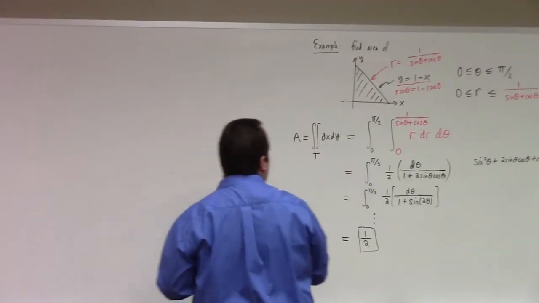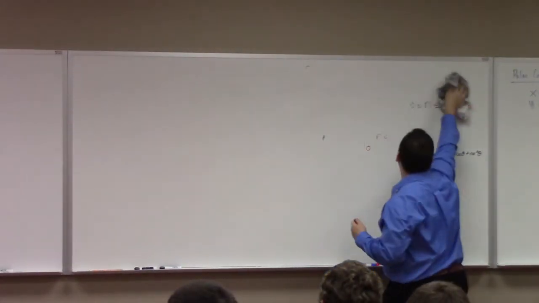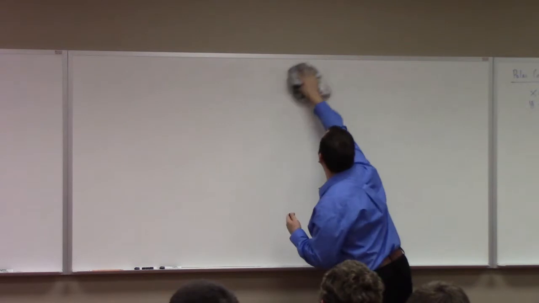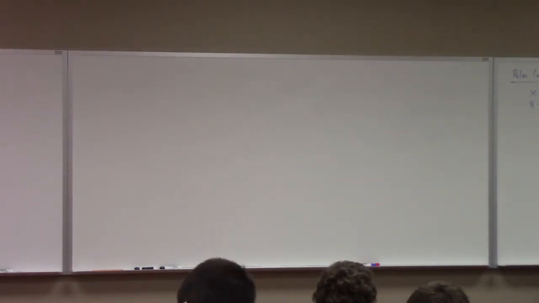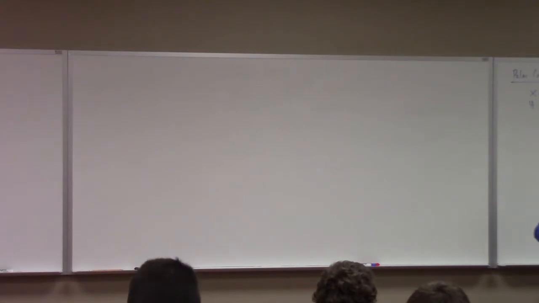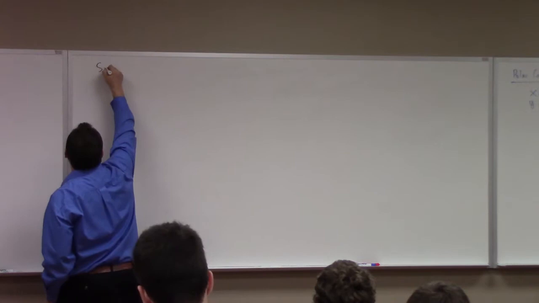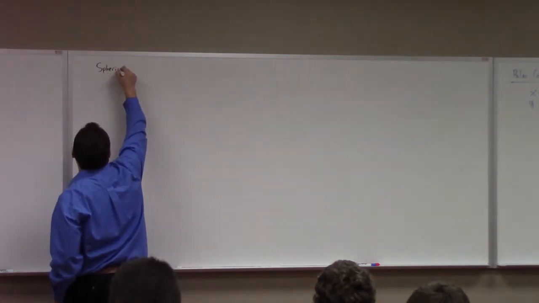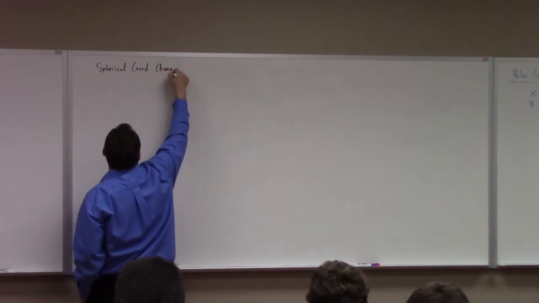But what do we need in order to do integrals with respect to spherical coordinates? What do we have to calculate? Right, so for the spherical coordinate change, what does the theorem look like?